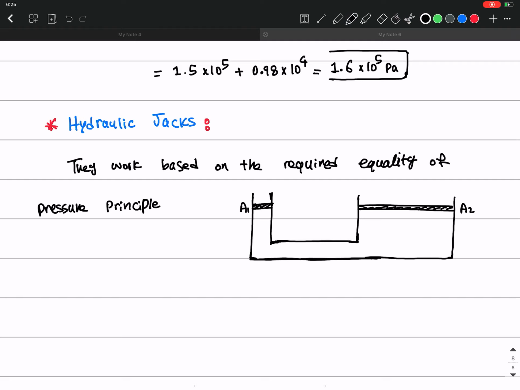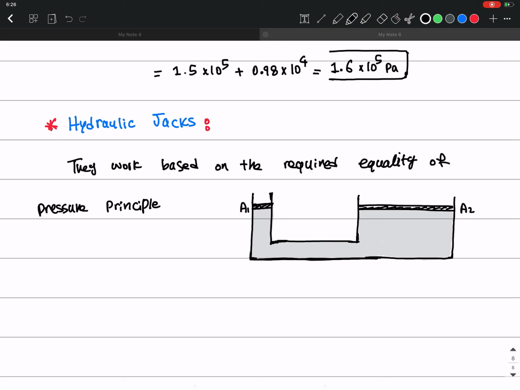So if you have any fluid here, like oil or any other type of fluid, within these two sections, we need them to have the same pressure because they are on the same depth.